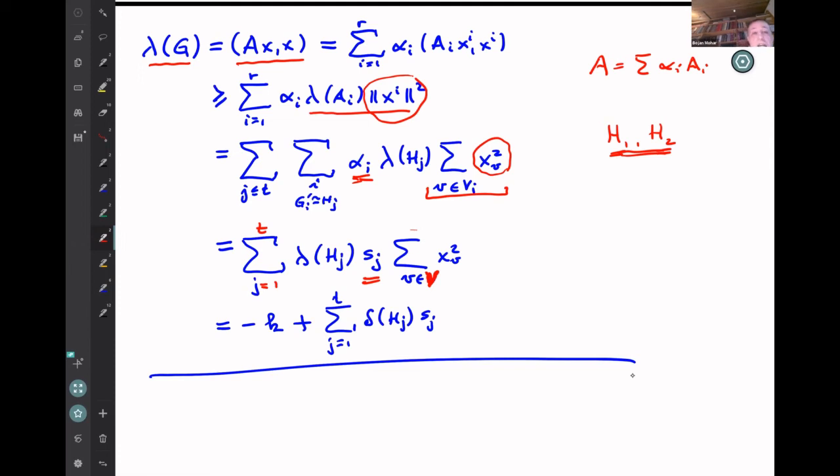If you put lambda plus k on the other side, you get that delta of G is at least the sum of deltas of these subgraphs, which is what we needed to prove. The main ingredient here was that this summation was able to go through because of the definition of homogeneous fractional decomposition.